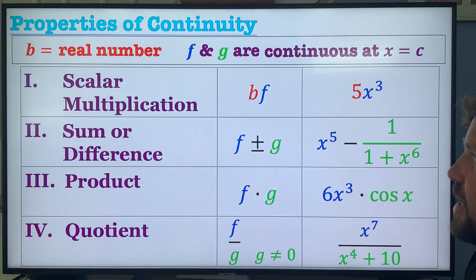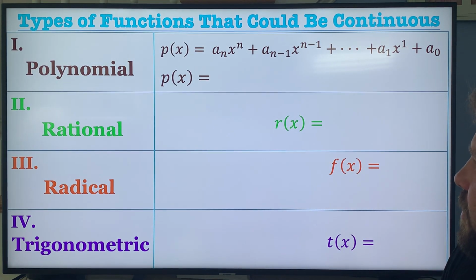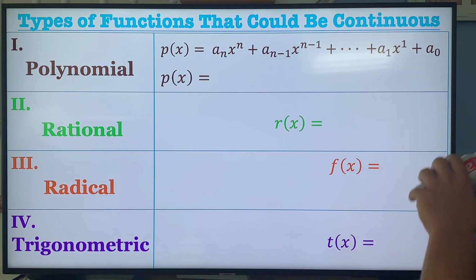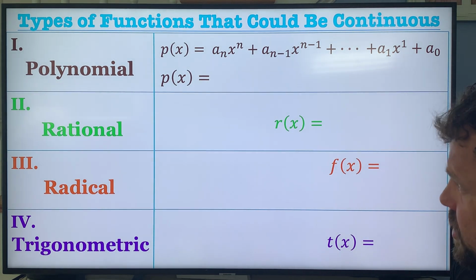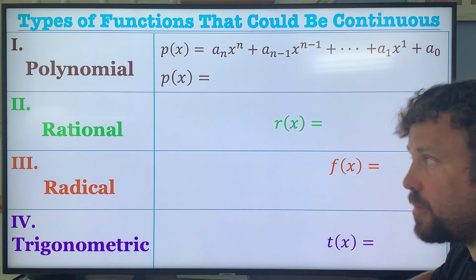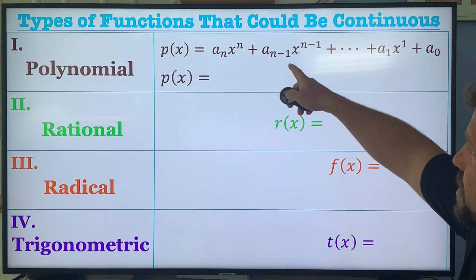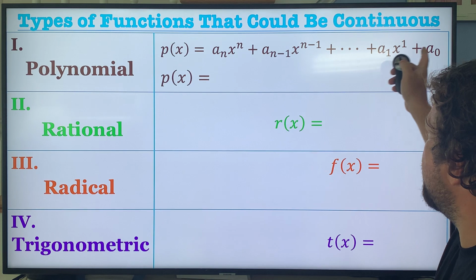Let's check this out. This is an easy one. Before we do that, there are 3 plus 1, which is 4, types of functions that can be continuous. First one is a polynomial. A to the n, x plus 1. These things in the front, they're just constants.